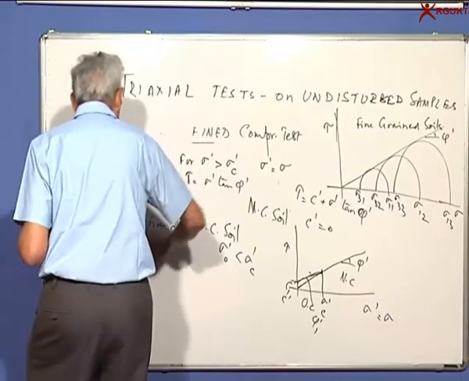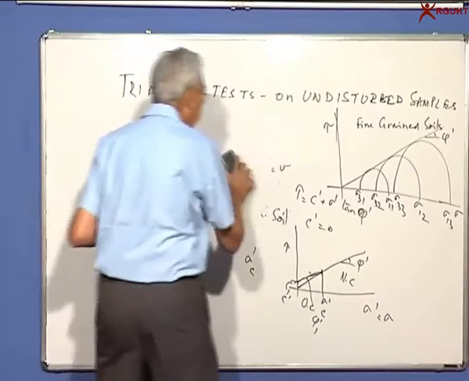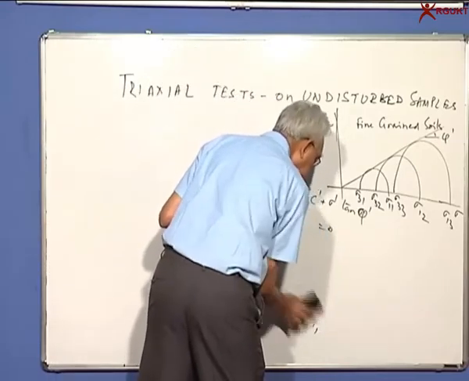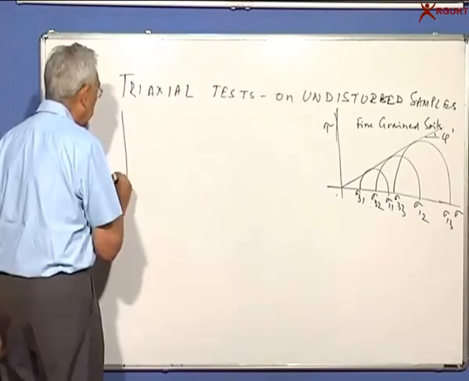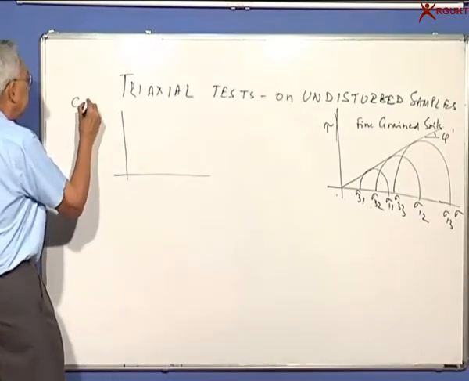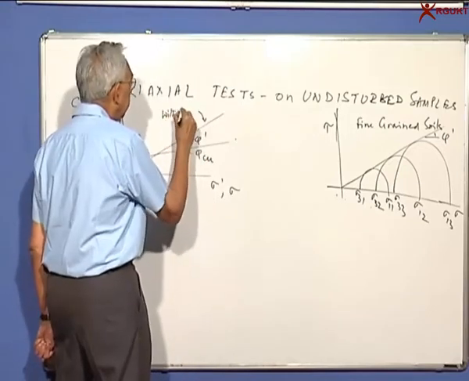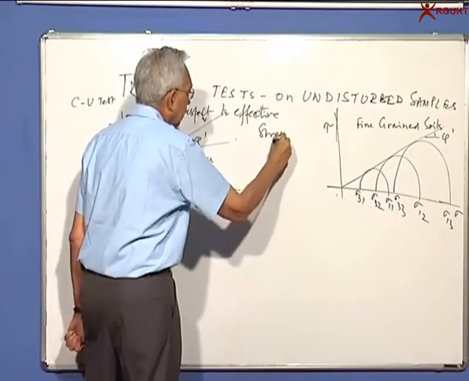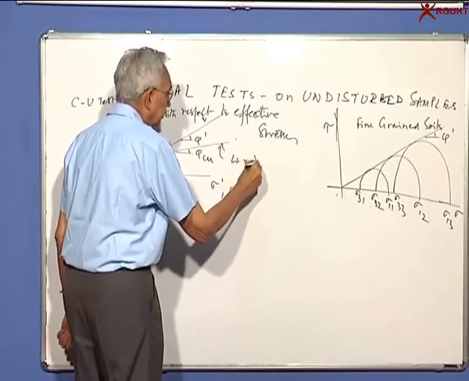Now, in the middle one, that is the consolidated undrained test with pore pressure, you will get two envelopes, one with respect to effective stresses, which is the same as the drained test. I'm talking of now the CU test. This is with respect to effective stresses, and this is with respect to total stresses.